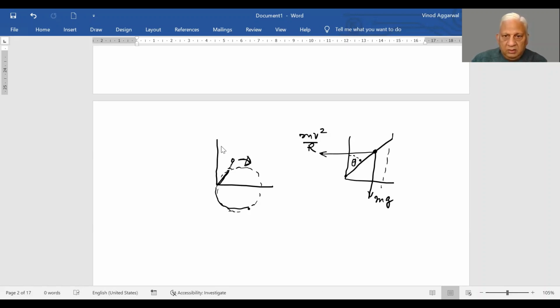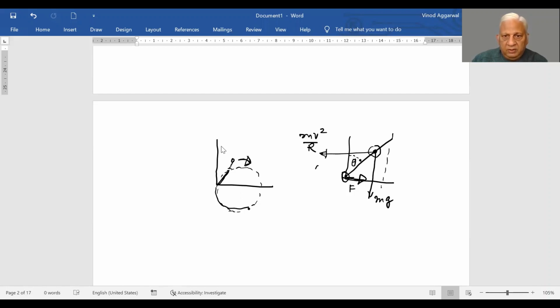And there is a frictional force acting between the tires and the road. Since the cyclist is in equilibrium, this force is creating a torque about this point.